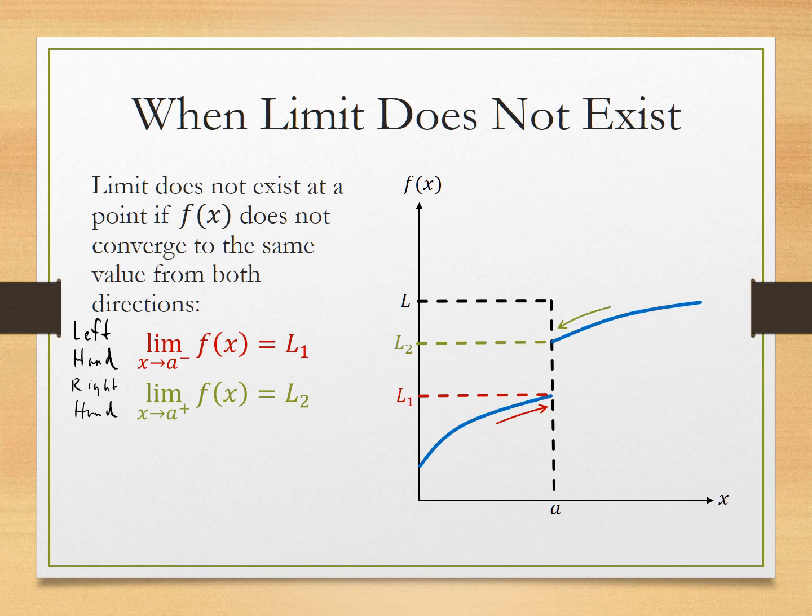And L1, L2 are different numbers. So what you have here is that the function is clearly not moving towards a single value. It's moving towards two values, depending on which direction you're looking at.